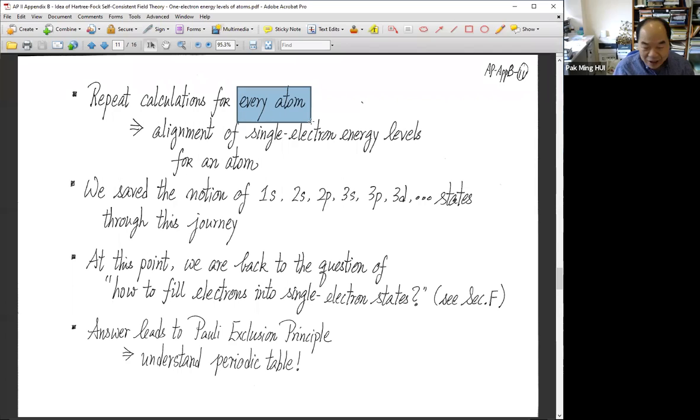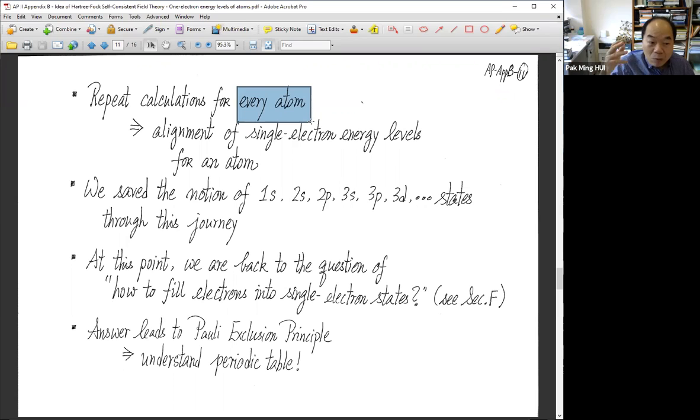You don't have one thing that is good for all atoms, because for every atom, you have to set up the self-consistent equation for that particular atom and solve for the atomic states.